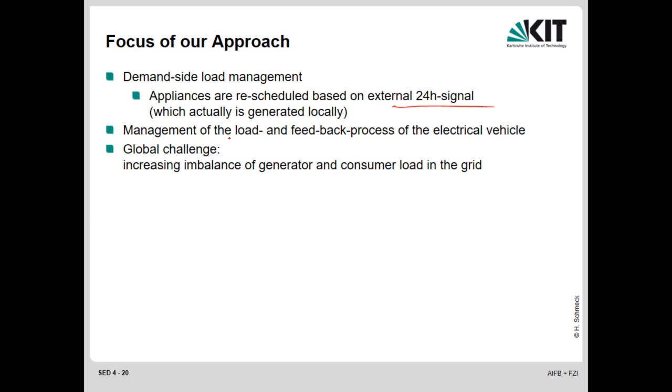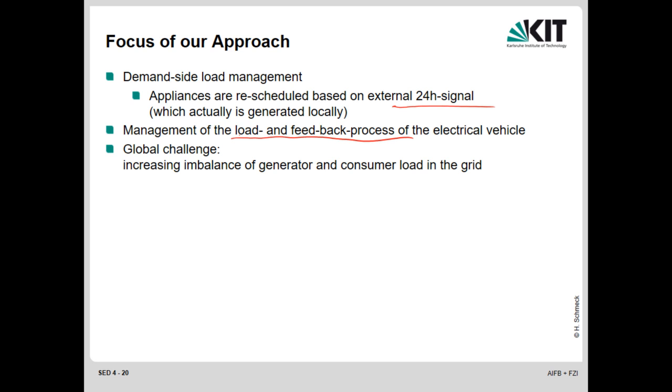We had to manage the load and feedback process of the electric vehicle, and the challenge certainly is to cope with the increasing imbalance of generator and consumer load in the grid, which is there because of power from renewable energy sources, and also the presence of electric vehicles, because all of a sudden we have very high load requirements.